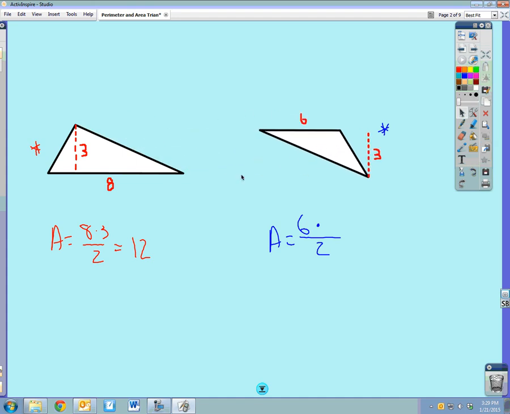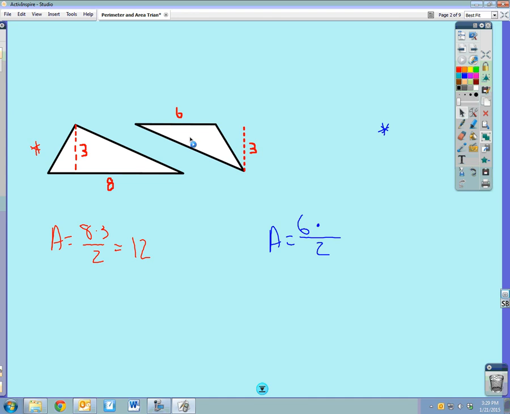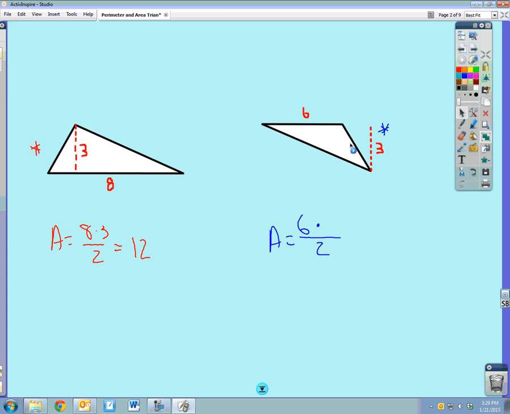Because again, it's from top to bottom, and the very tippy top of that triangle is still the same as the first triangle. That 3 right there, from the top to the bottom, was 3, so from the top to the bottom is still going to be 3. So if I use that idea that the height is the exact same for both triangles, the area of my second triangle is going to be 6 times 3 divided by 2, which is going to give me 9.